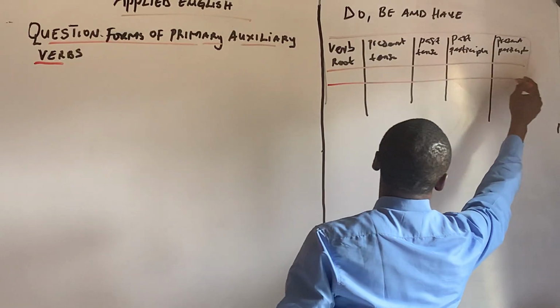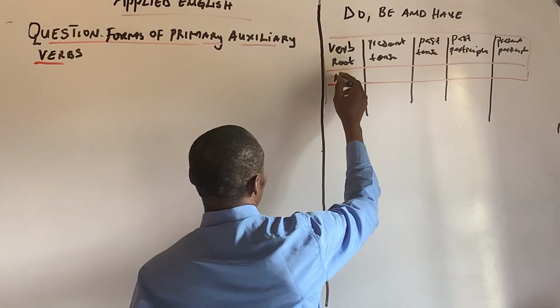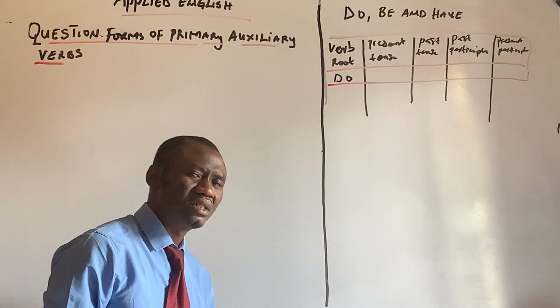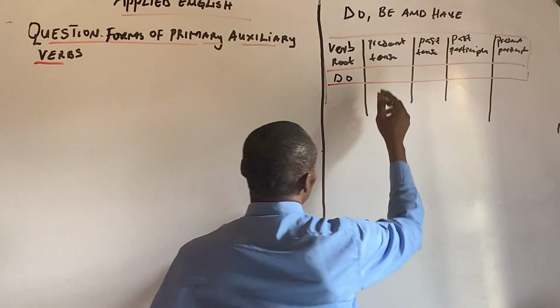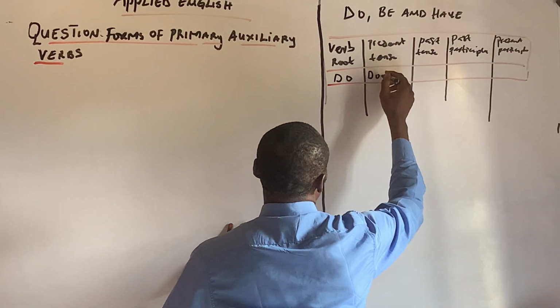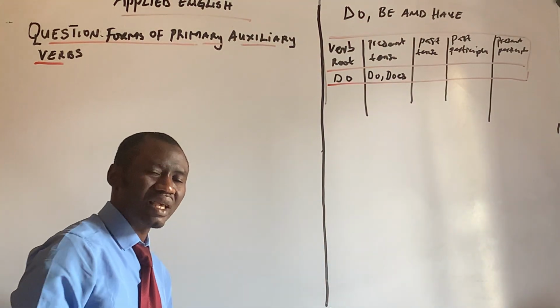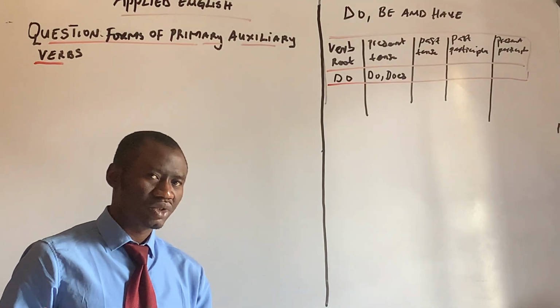Now, let's start with the first one. The first one is the verb do. When we have the verb root do, what's the present tense of do? Of course, the present tense of do is do and then does. Does is for singular subject. Do is for plural subject.